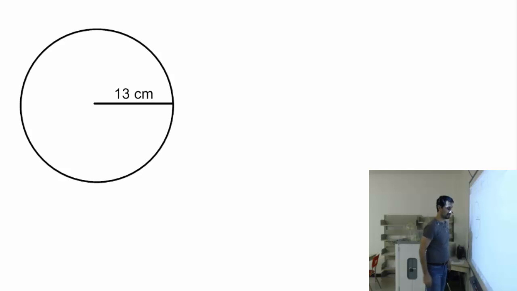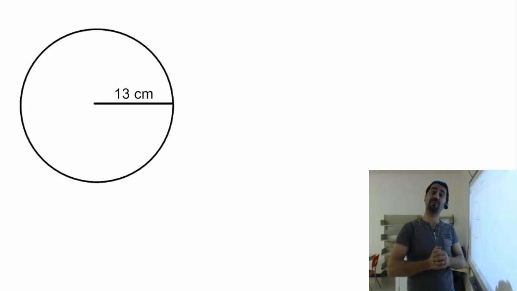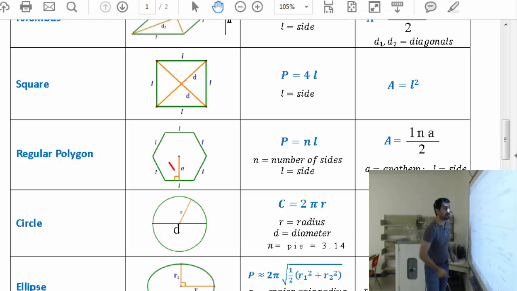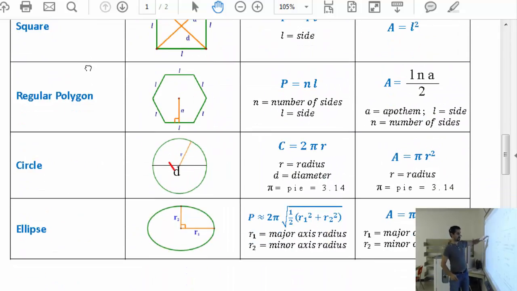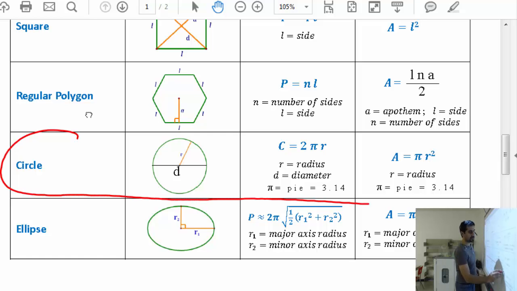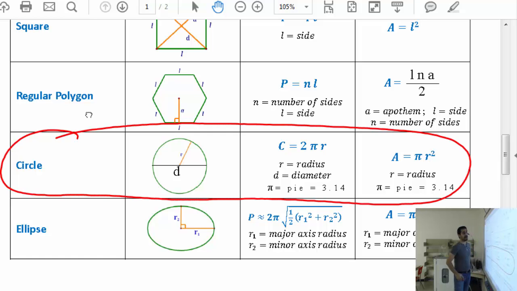Let's bring this here. First, I have no idea what the area formula for the circle is. Let's find that out. You have the formula handout, and this is the formula handout, and alright, the circle is right here. This is the circle, and I am not doing the circumference, I am doing the area.